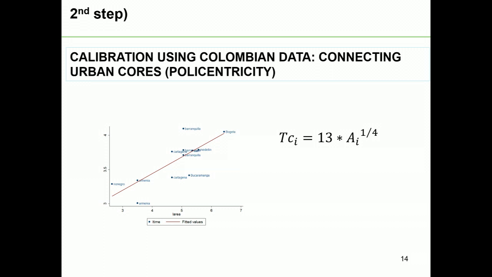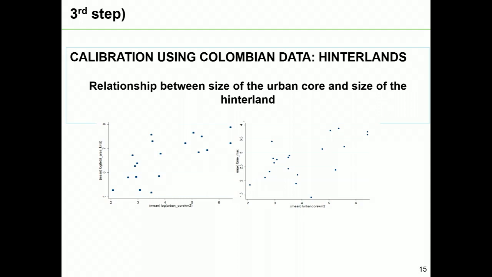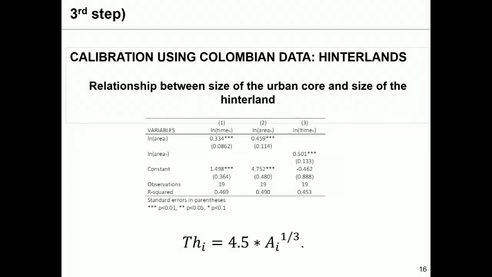And we check the size of the urban core of the largest city and also the distance between these potential cities that can be connected. Using this data, we found this solution. We do the same for the hinterland, for Colombian data. And by doing this, we find another function.